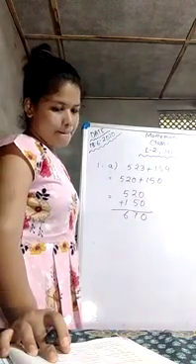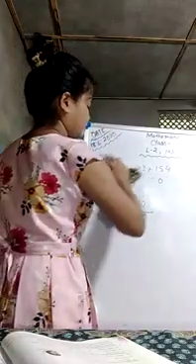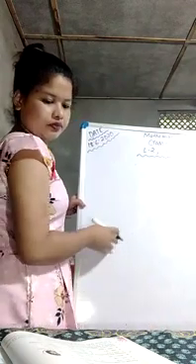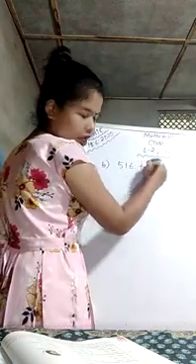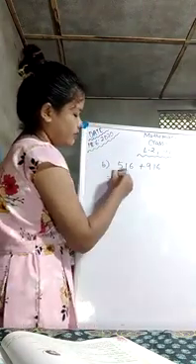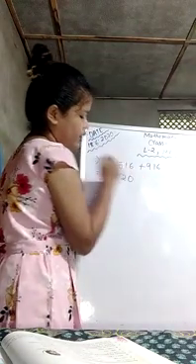Okay. Then let's do another one. B number is 516 plus 916. So nearest 10 of 516 will be 520.